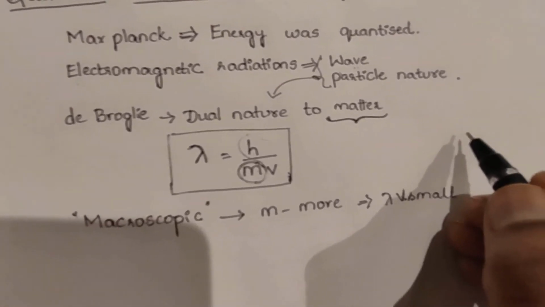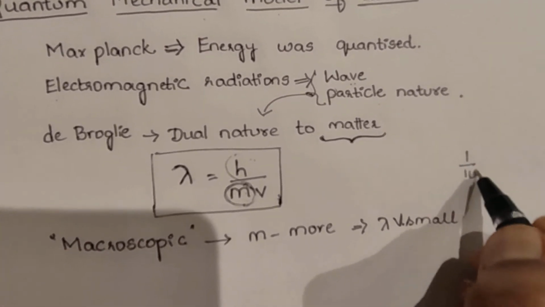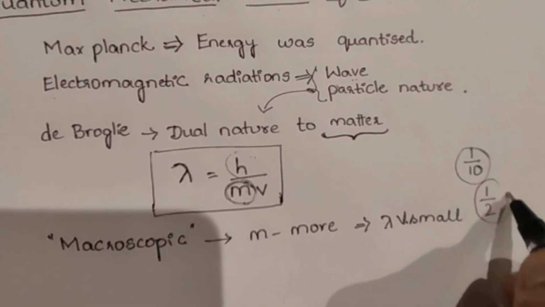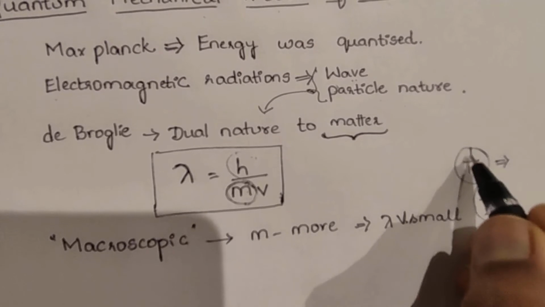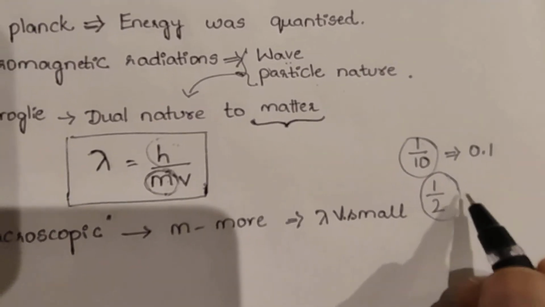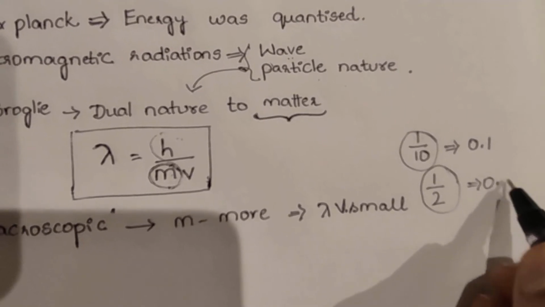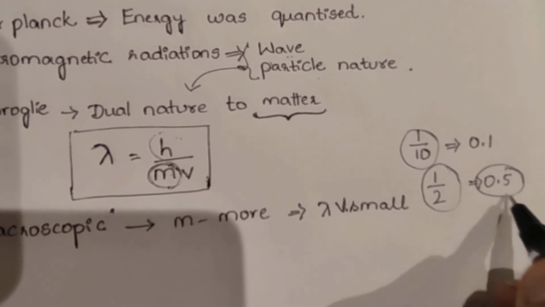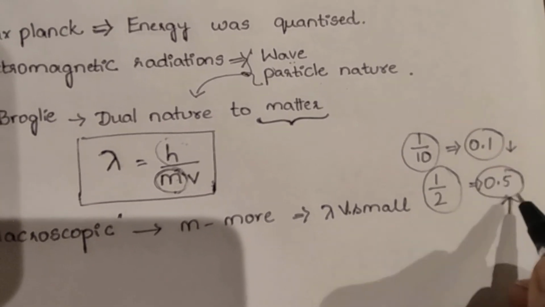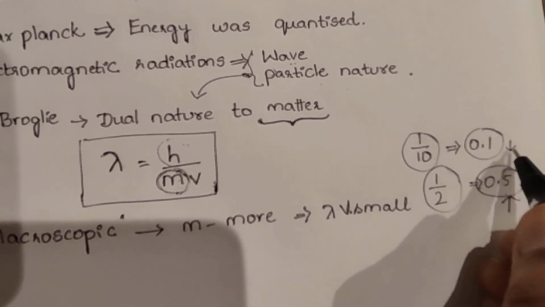For example, let us consider the two fractions 1 by 10 and 1 by 2. 1 by 10 means the answer is 0.1. 1 by 2 means its answer is 0.5. 0.5 is the greater number. 0.1 is less than 0.5.